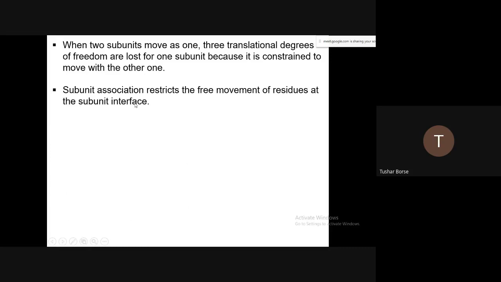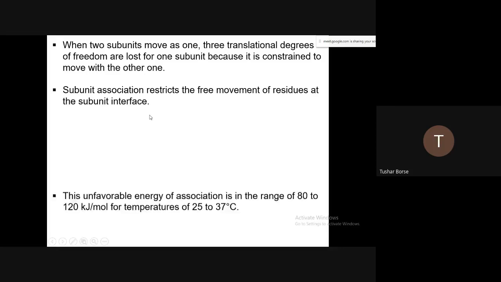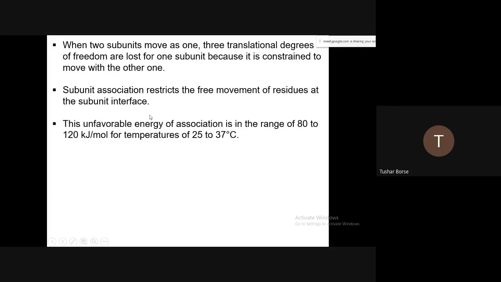So this subunit association restricts the free movement of the residues at the subunit interface. I think these sentences which I have tried to write here are self-explanatory. So if you read them, you will be able to understand what I'm trying to say here.